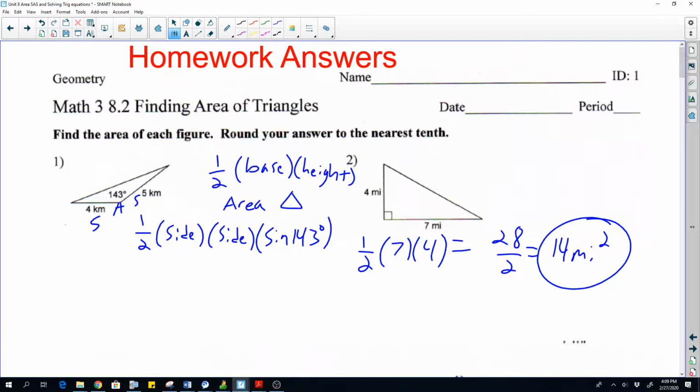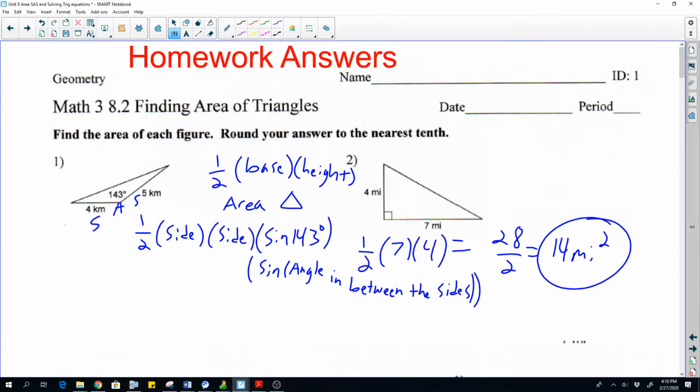It has to be the sine of the angle in between the sides. This part's really important, or else you can't do it.